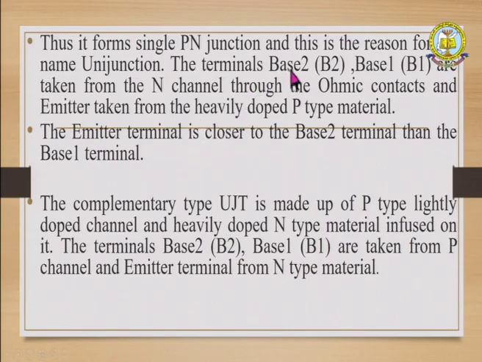The terminals are base 2 (B2), base 1 and emitter. The complementary type of UJT is made with a P type lightly doped channel with heavy doping. Heavy doped means N material, N type materials, that is B1 and B2. P type material is only the emitter.